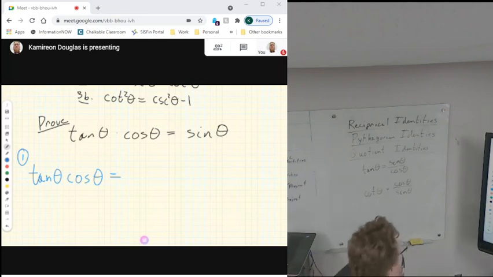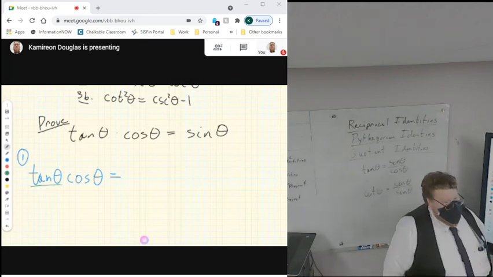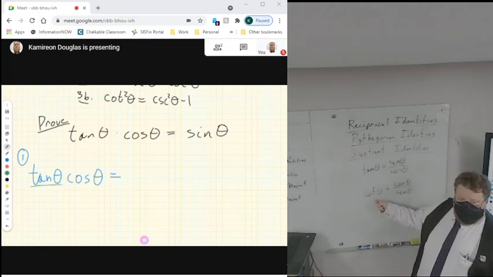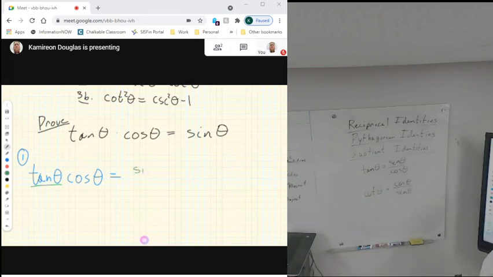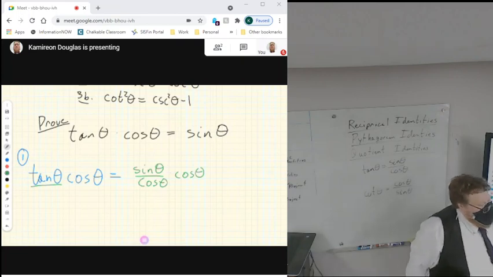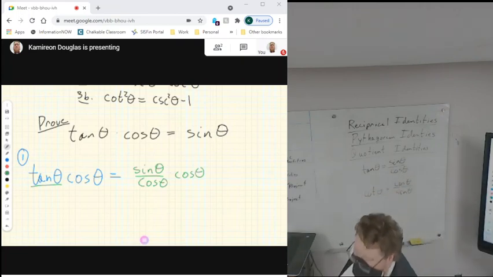Here's what I'll do. I'm going to rewrite tangent using my quotient rule. Tangent becomes sine over cosine. So what I did was replace the tangent function with something I know tangent is equivalent to: sine over cosine.